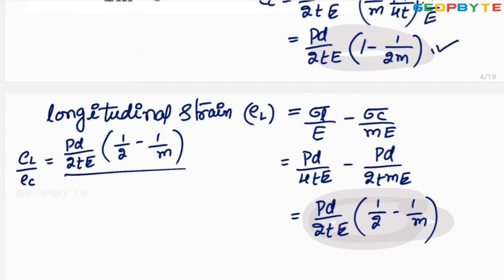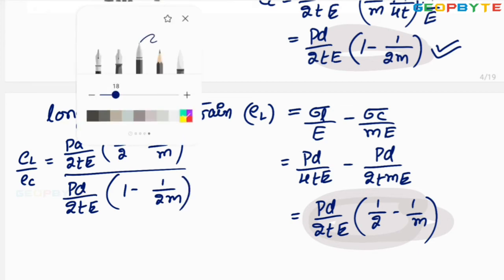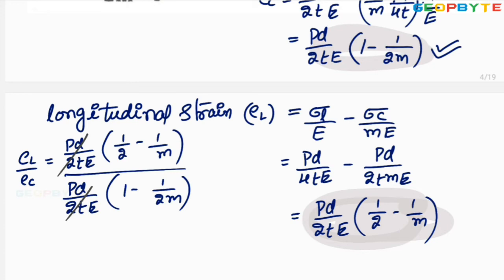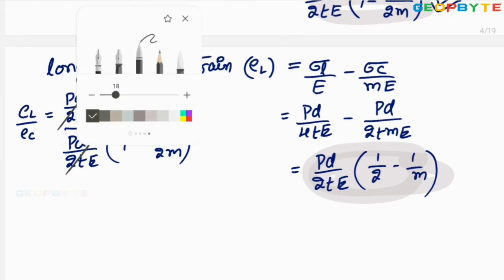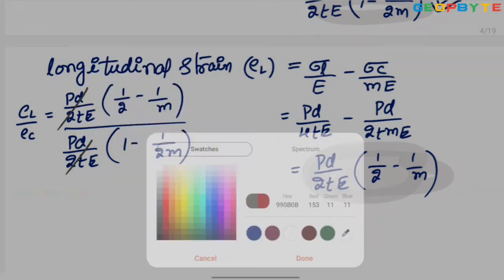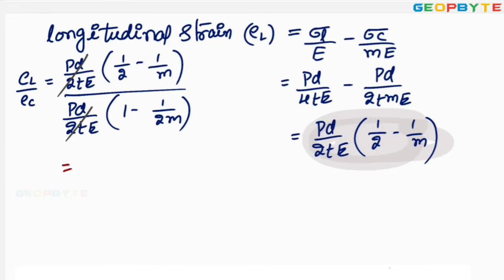This is the circumferential strain, PD by 2TE into 1 minus 1 by 2m. Let us cancel the first terms. Finally it will be equal to (m minus 2) by 2m divided by (2m minus 1) by 2m.